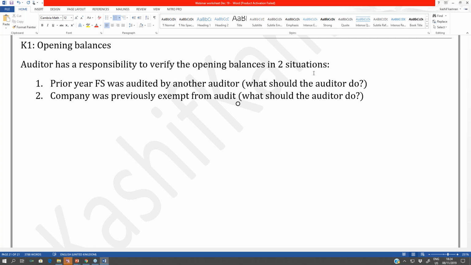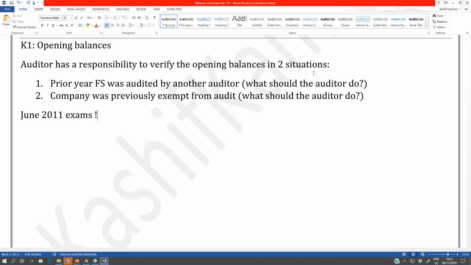Now, if you want to realize a question on opening balances, it is such an old question, and you have no idea when the examiner will re-examine this area. The only instance where the examiner has tested opening balances is way back in the June 2011 exams.